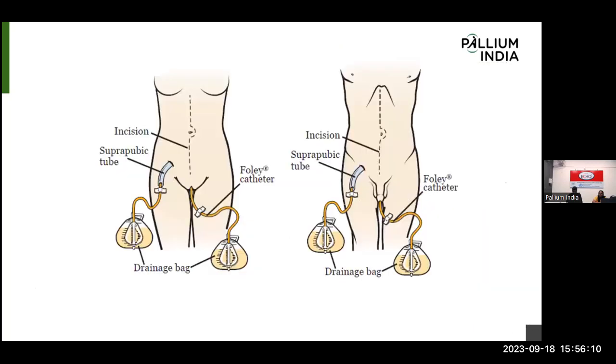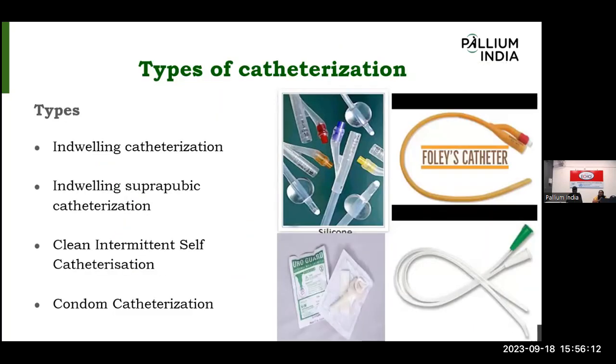Here I want to say something. Clean intermittent self catheterization is one of the important parts you have to learn, because paraplegic patients are able to move their upper limbs. When they become paraplegic, we usually put a Foley's catheter for draining their urine.